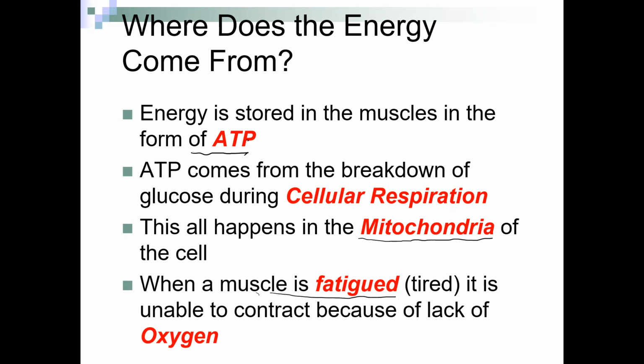And as this is happening, you're starting to get a buildup of lactic acid and carbonic acid. And these acids reduce the efficiency of the aerobic process. So as you're going along, your mitochondria start making less and less ATP because they're being inhibited by the conditions around the muscles.